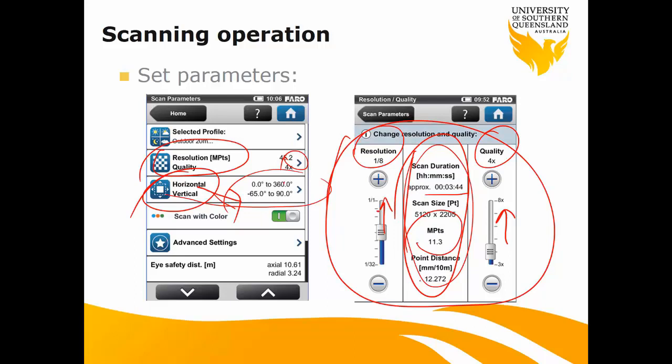The point interval is around 12 millimeters at 10 meters from the instrument. Although we have a very narrow laser beam, with the increase of the range you measure, this point interval may increase.